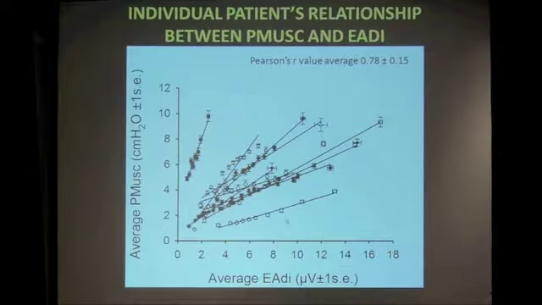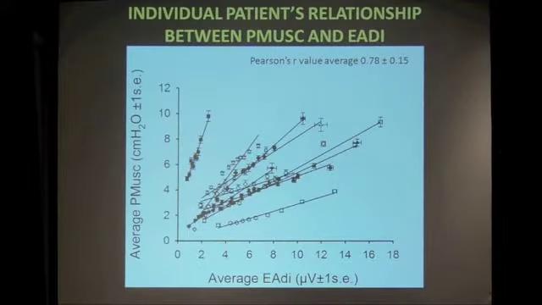And you see that the higher the EDI, the higher the pressure developed in the single patient. But the slope might be different. Most of the patients, this is a very small number of patients, but most patients are lumped here at the center, but some have either a very small slope or a very high slope.